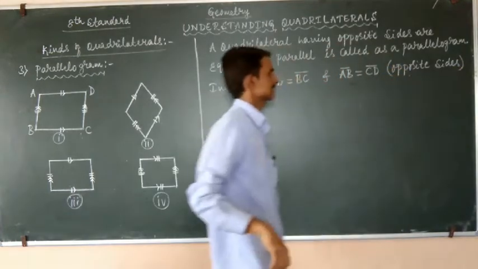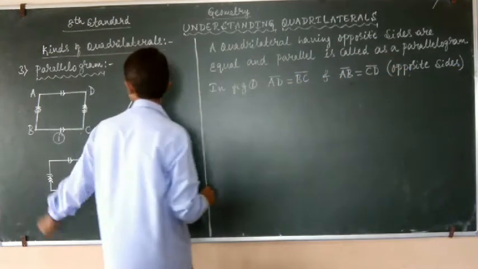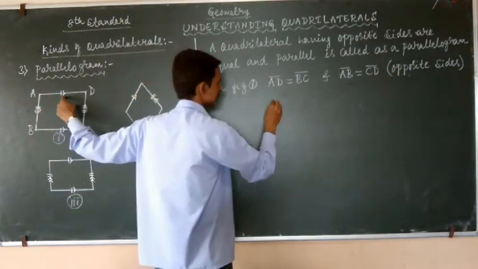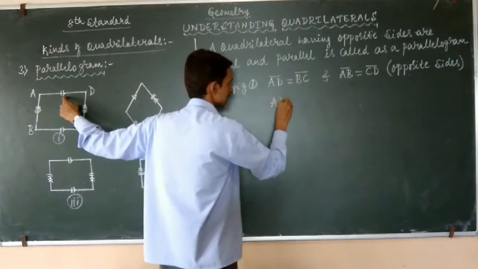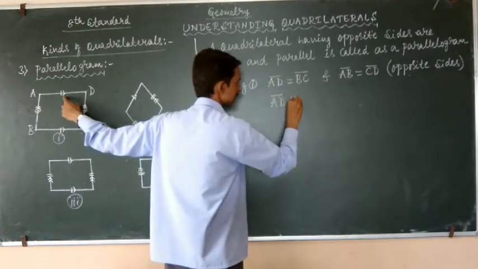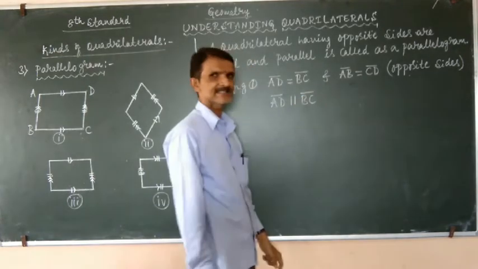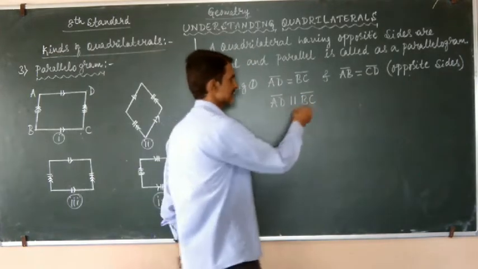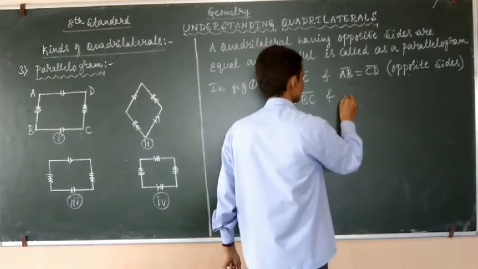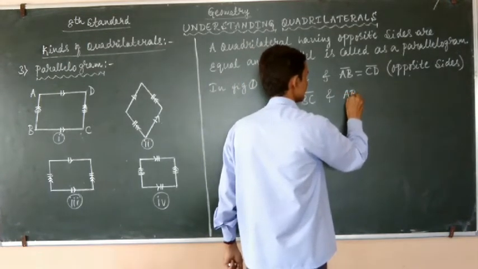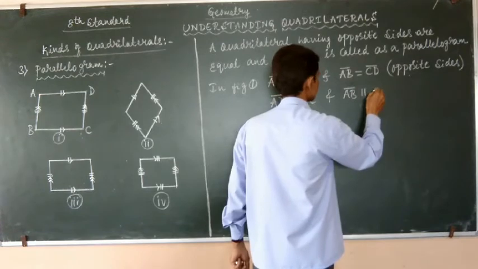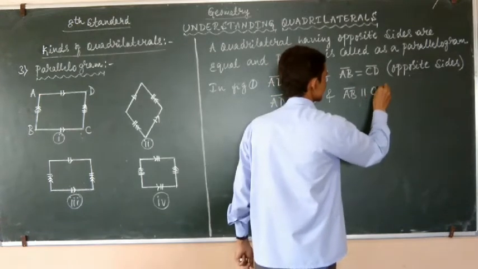Opposite sides. So next, if you observe the arrow mark, you can write that side AD is parallel to side BC. Similarly, side AB is parallel to side CD.